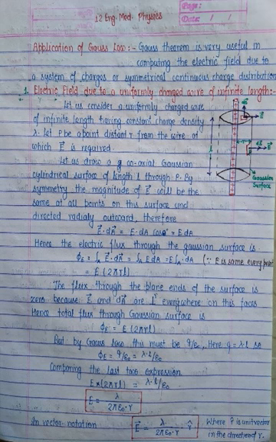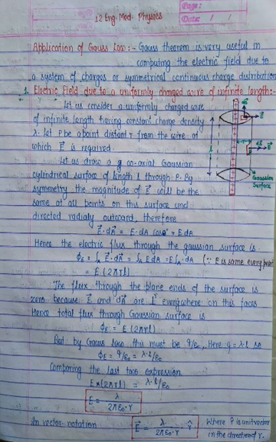See the diagram. Let us consider a uniformly charged wire of infinite length having constant charge density lambda. Here positive charge is distributed. Let P be a point distant r from the wire at which E is required.